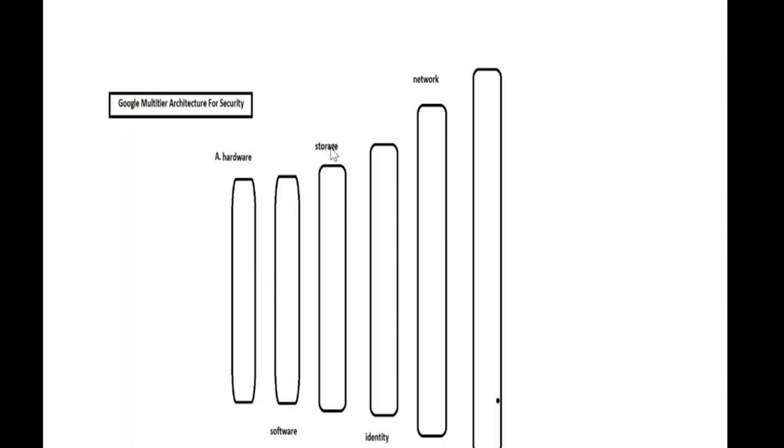Now we are starting our discussion with the identity layer. That is identity and access management, which we call GCP IAM. In GCP IAM, we'll get an overview here. Just see the idea.